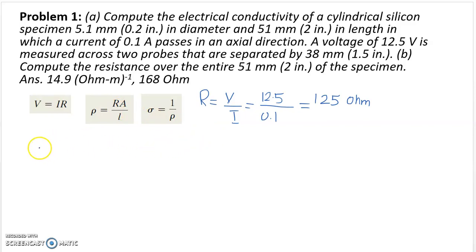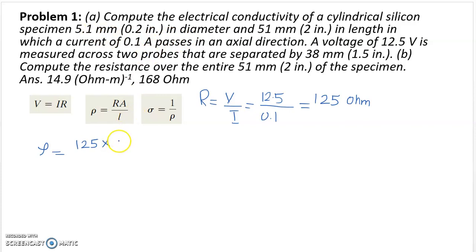So resistivity, represented by rho, is equal to the resistance, 125, times the cross-sectional area. The cross-sectional area is due to the diameter, because it is circular.